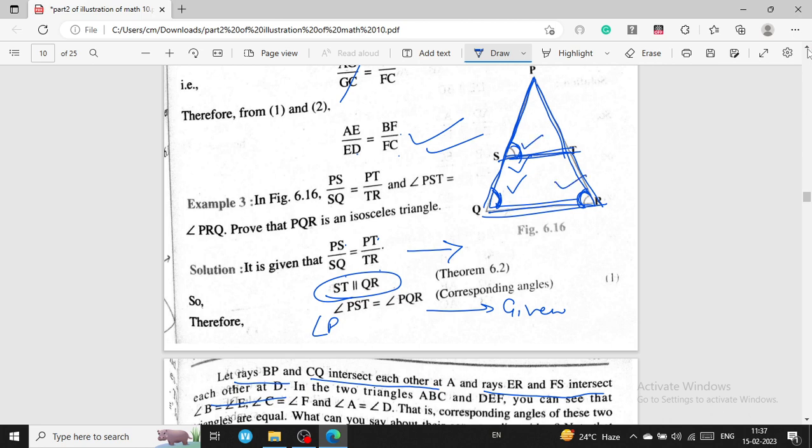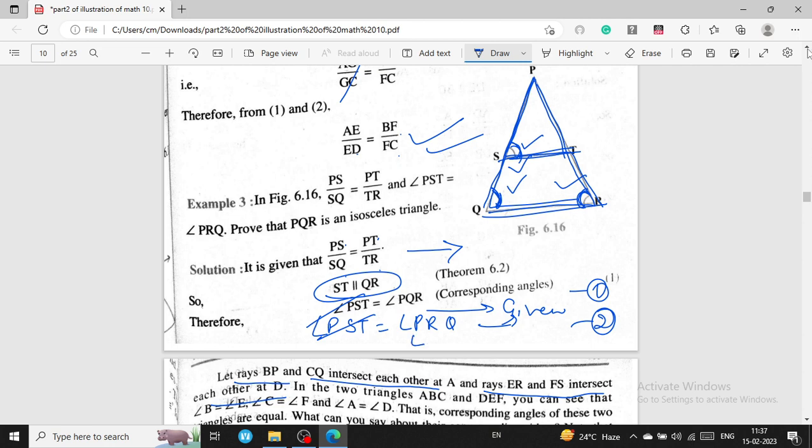Angle PST is equal to angle PRQ, which is given in your statement. This is your first equation, this is your second equation. From the first and second equations, these will cancel.